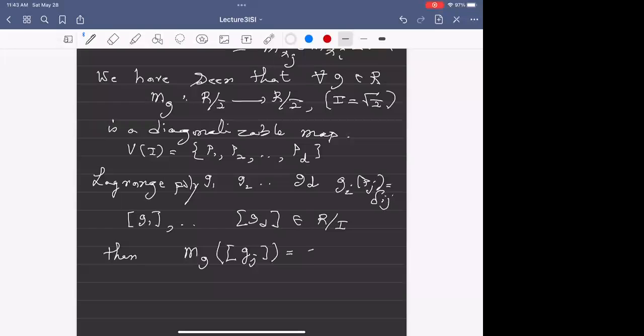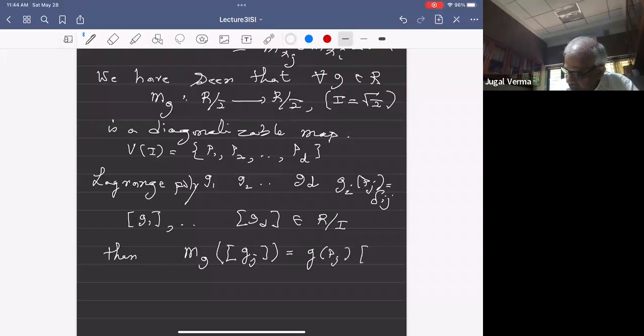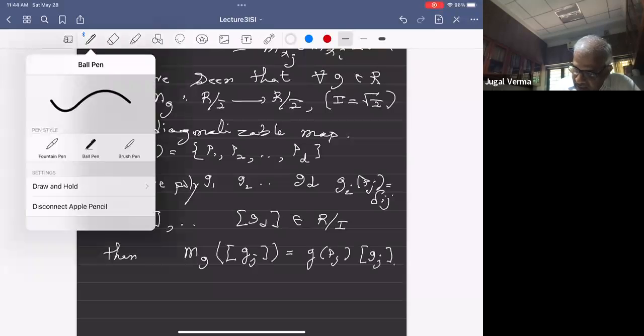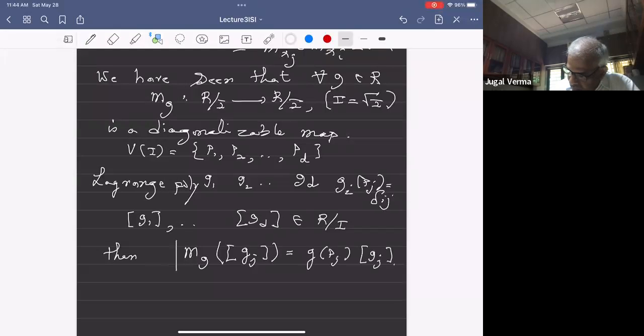G of Pj. Okay, this is very important observation that any mg is diagonalizable, and the Gj's are linearly independent eigenvectors.